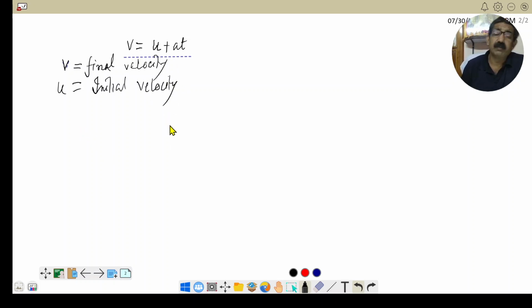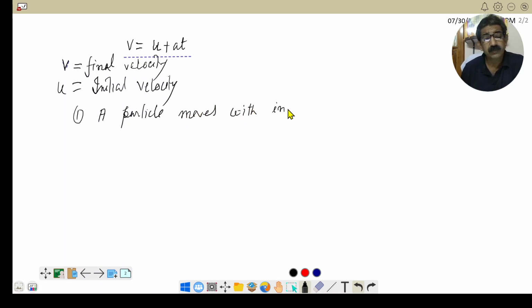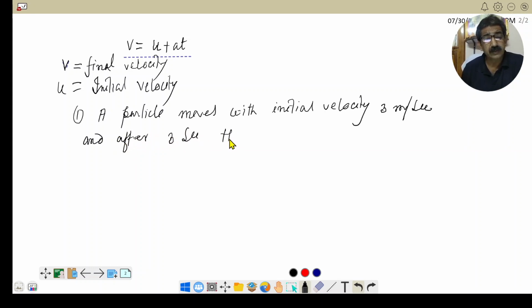Now let us solve a problem, very simple problem. A particle moves with initial velocity 3 meter per second, and after 3 seconds the final velocity is 6 meter per second.